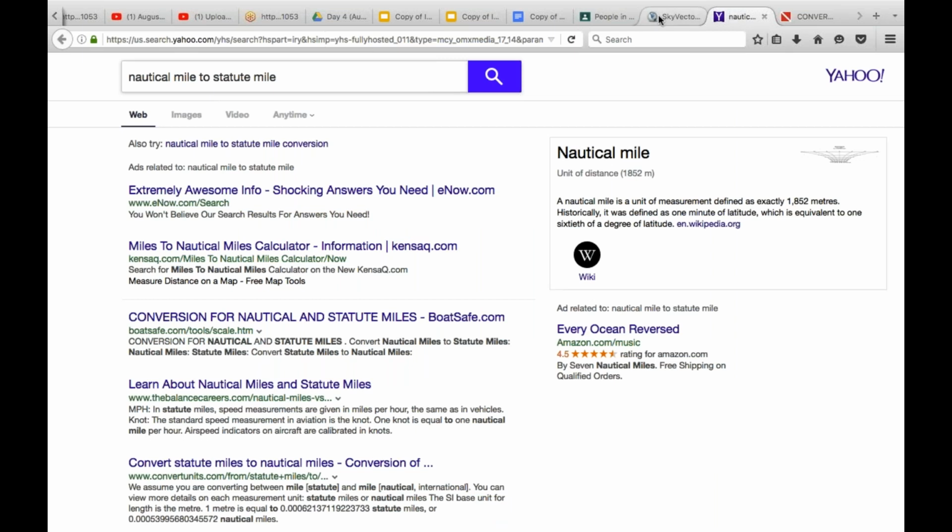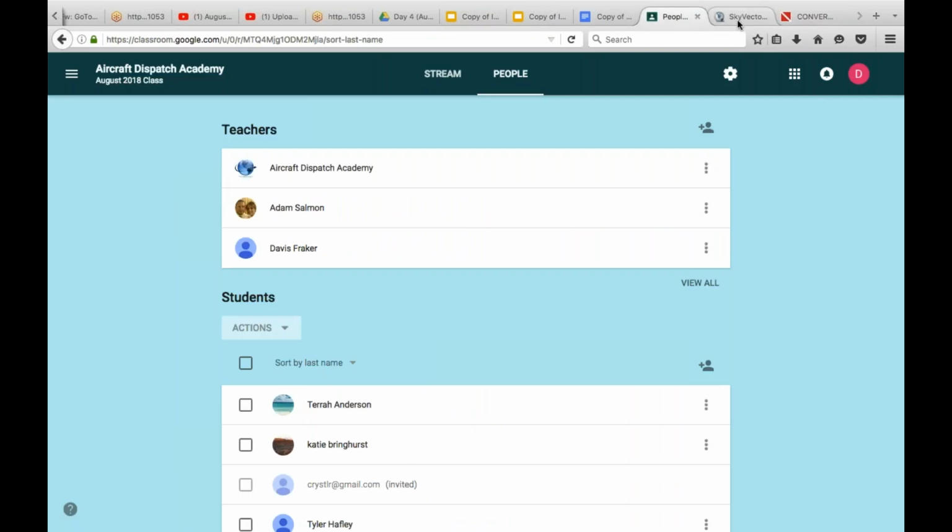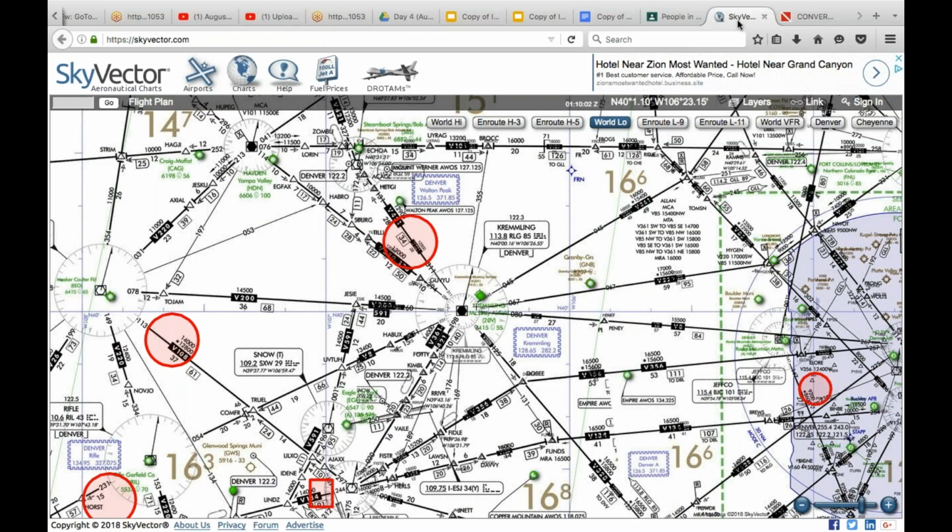Okay, so here's a little bit of a history lesson. The way we came up with knots was, in order to determine how fast a ship was going, they had this rope that they would throw off the side of the boat, and it had knots on it at a specified distance.